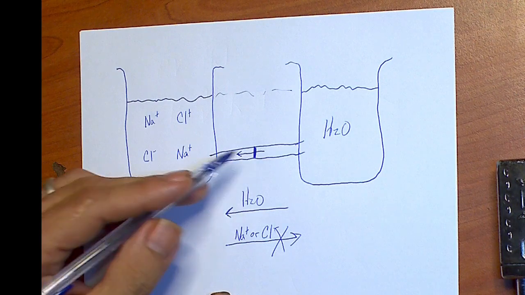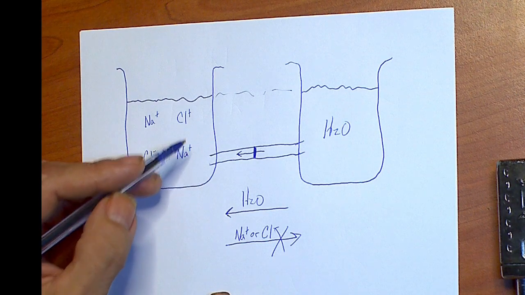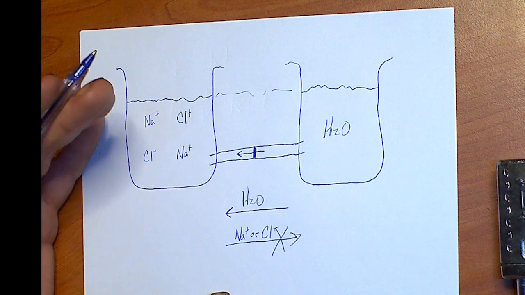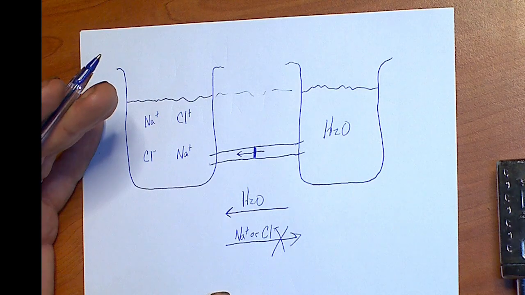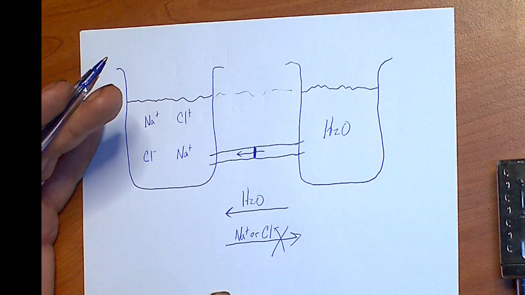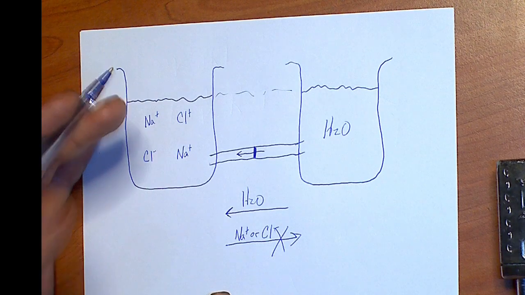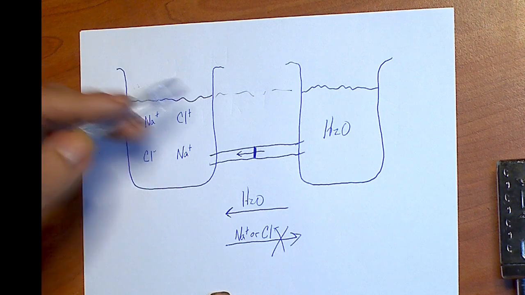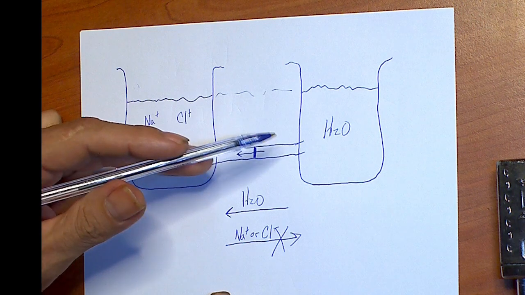And as more water comes in, these things move further and further apart, alleviating the pressure. Well, that kind of makes sense. And of course, if we did that, this water would go up in volume and this water would go down in volume.